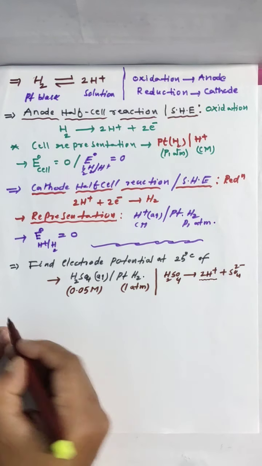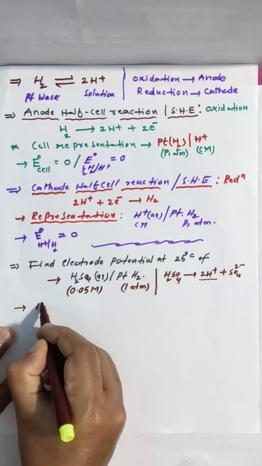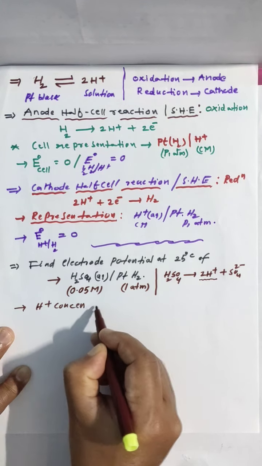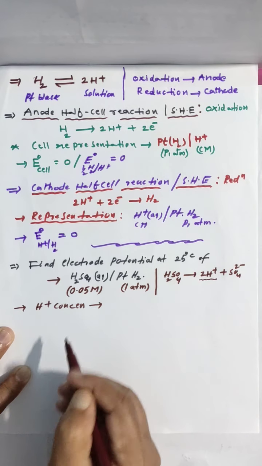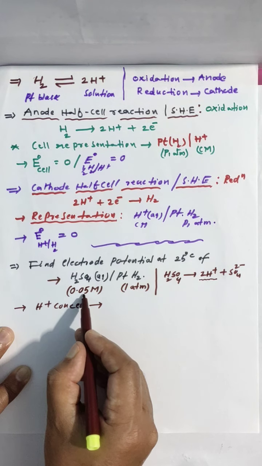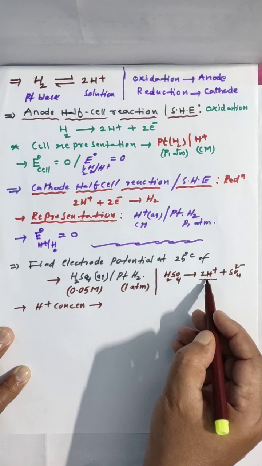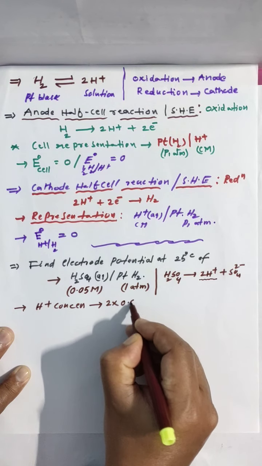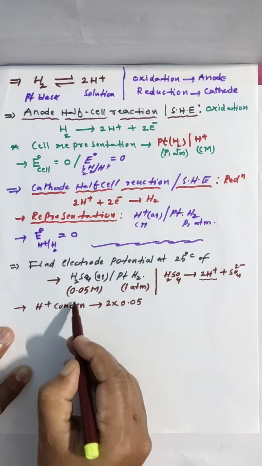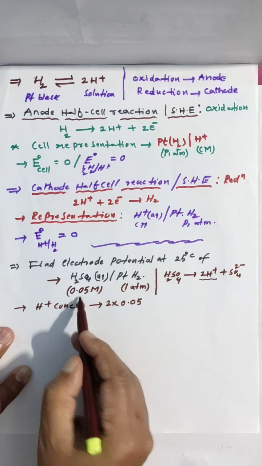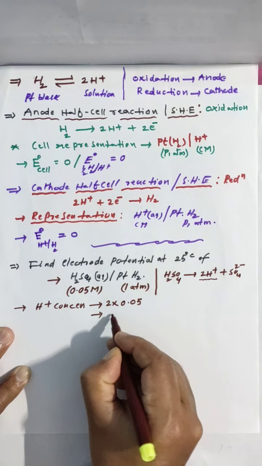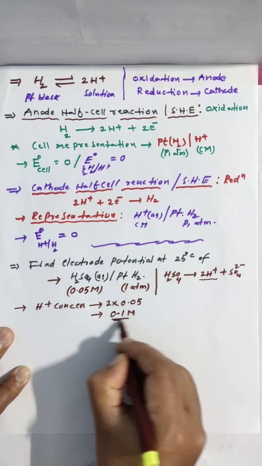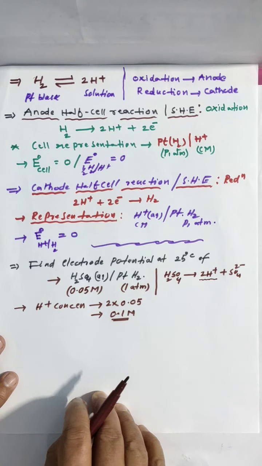They gave 0.05, but how many H plus ions are there? 2. So 2 into 0.05. Directly this value you should not take. That is equal to 0.1 M. So the concentration we calculated.